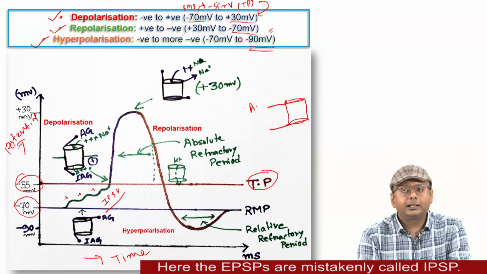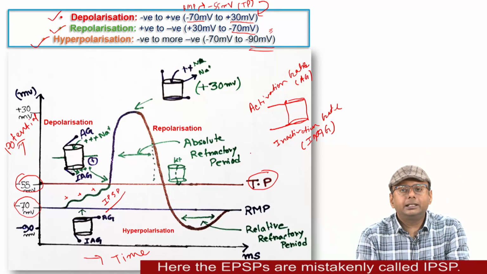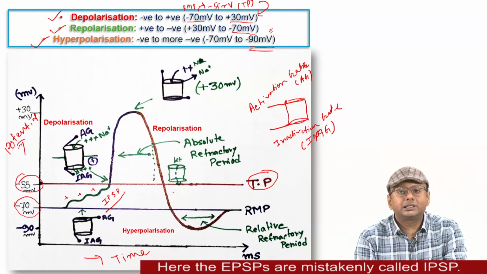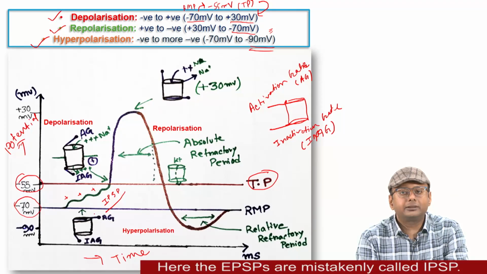One is the activation gate, which can be called AG. And the second is the inactivation gate, or IAG. Initially at resting membrane potential you can see the activation gate is closed, right?